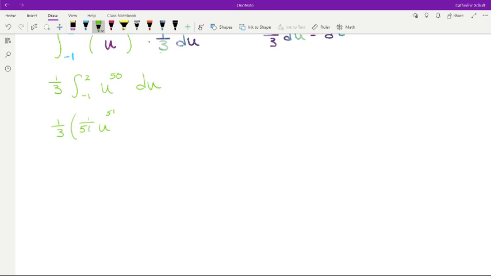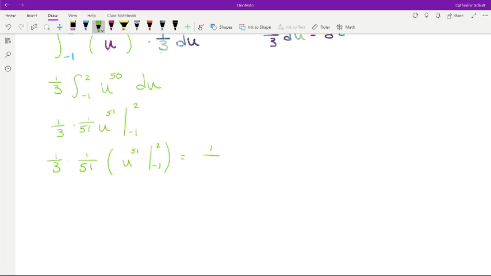And now we are going to evaluate that from negative 1 to 2. All right, and if you want to, you can move the 1 over 50 first, since it's just a constant factor, to the outside. And it makes it a little bit easier to evaluate u to the 51 from negative 1 to 2. Or you can just leave the fraction in there as well.